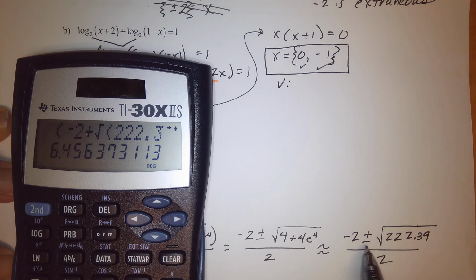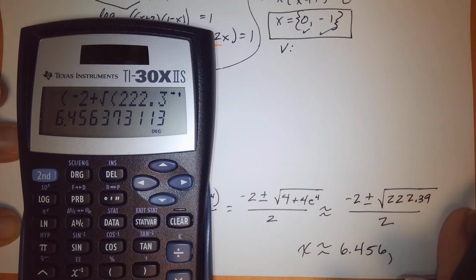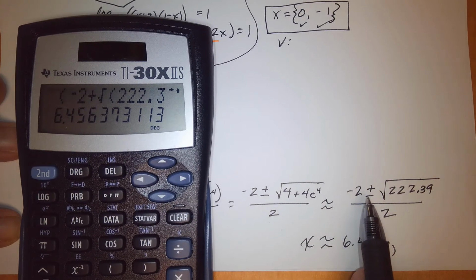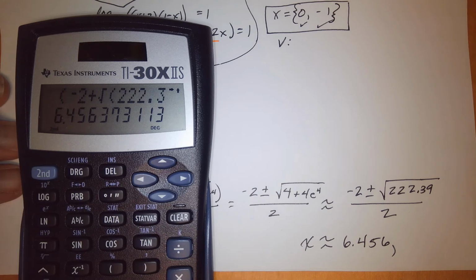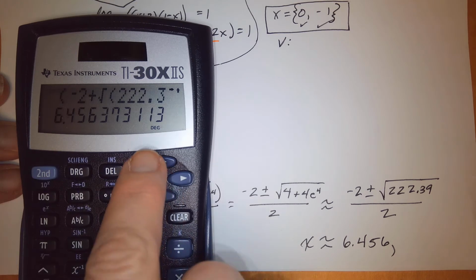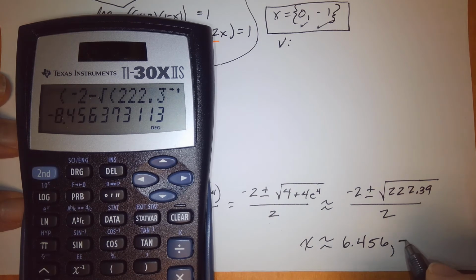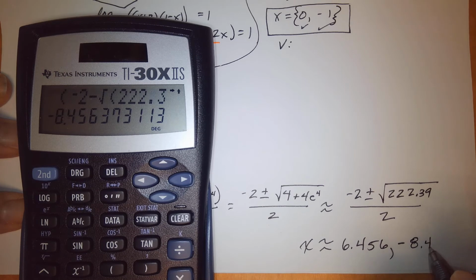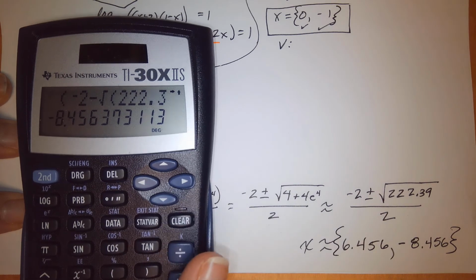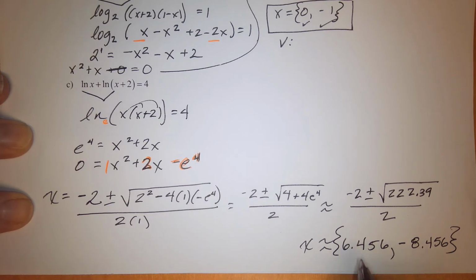And then I'll have another answer when I put that subtraction sign in there. So let's put the subtraction sign in. I'll do the exact same as before, but this time with a subtraction sign. So then I get another answer at negative 8.456.